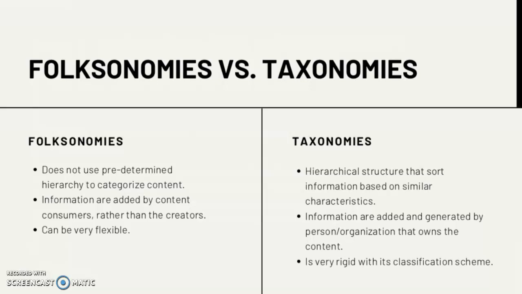The information is added by content consumers rather than the creators. This method gives users more freedom and flexibility to control the information and create organizational links. With taxonomies, information is added and generated by the person or organization that owns the content. The method is more rigid with its classification schemes.